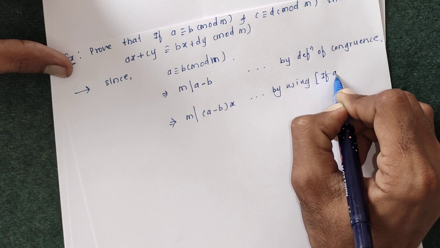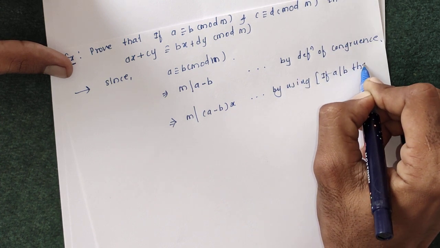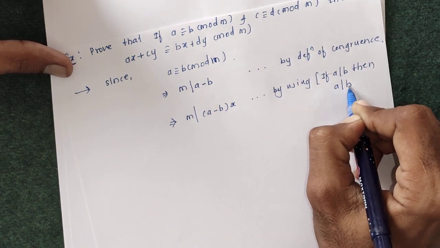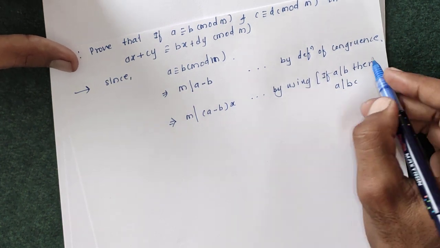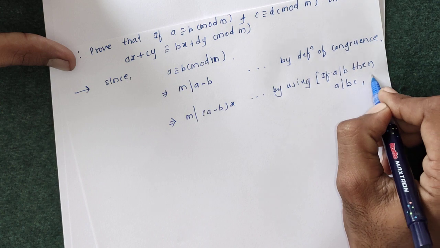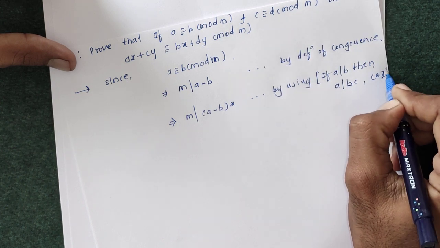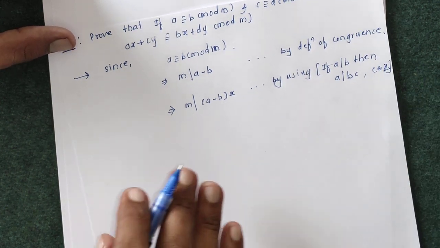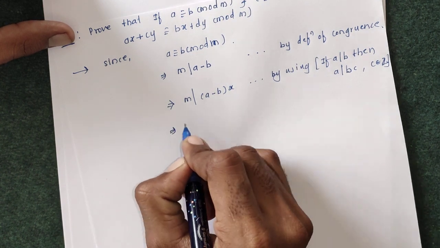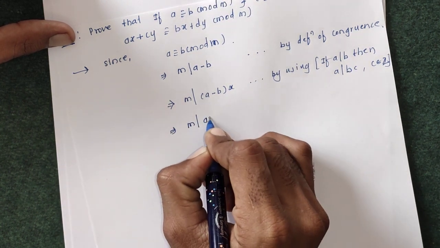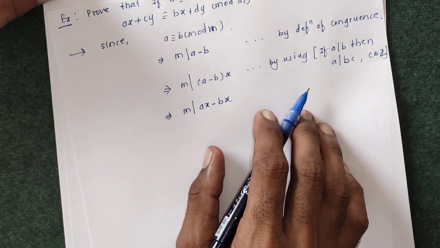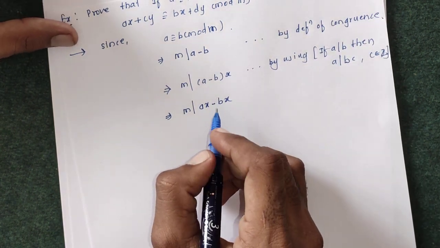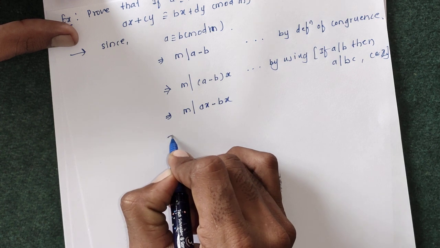This is the result we have seen in the first chapter, for any C belongs to Z. Using this result we get m divides ax minus bx.